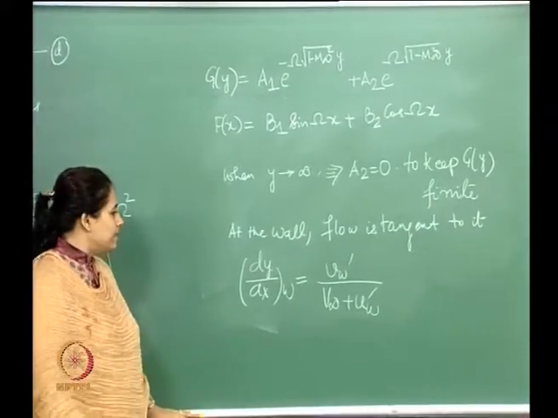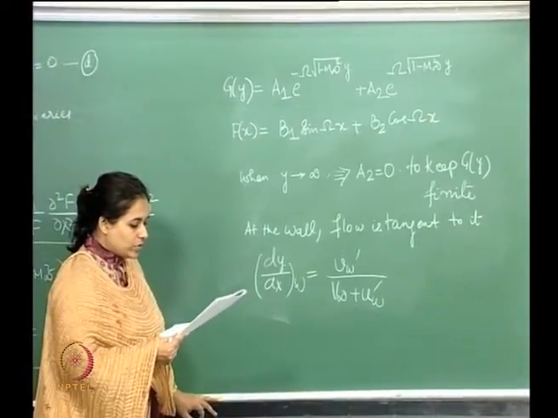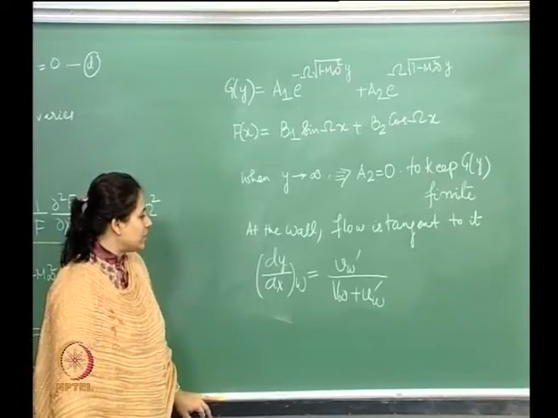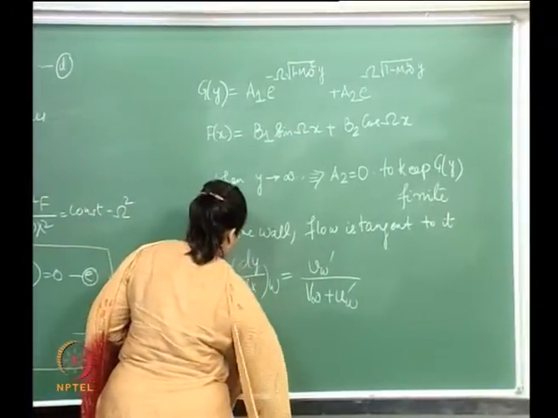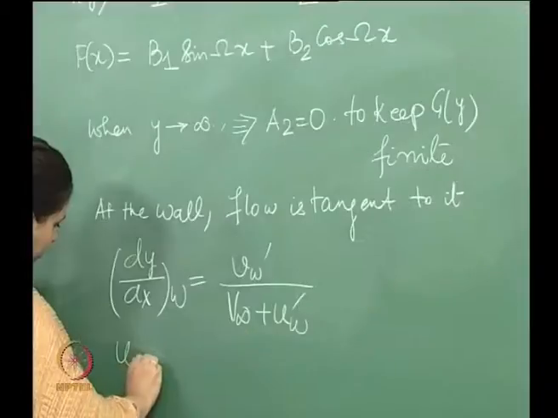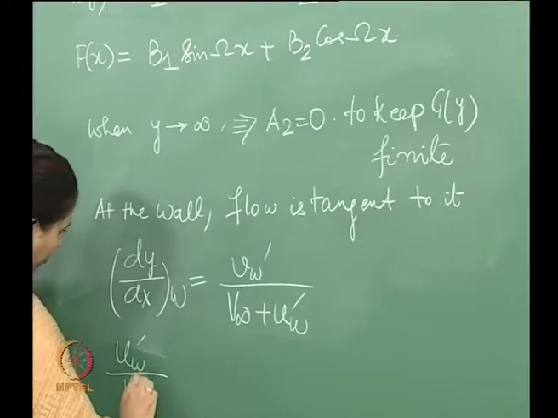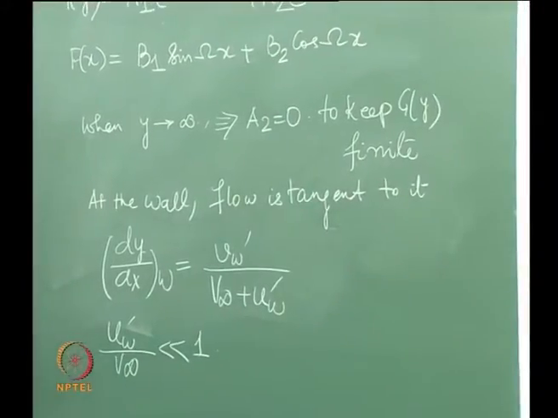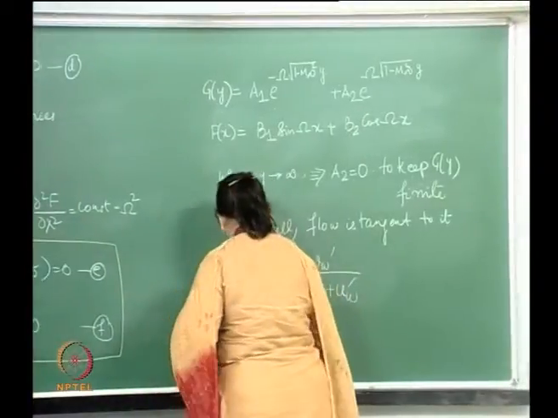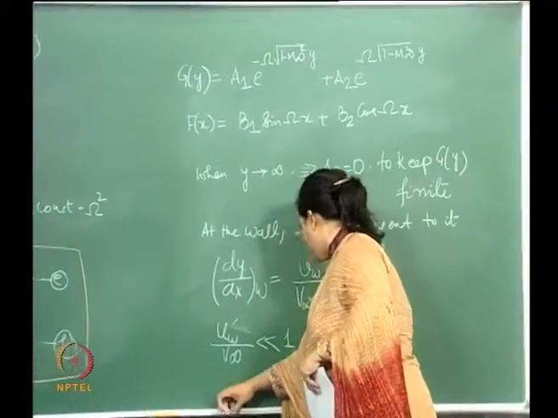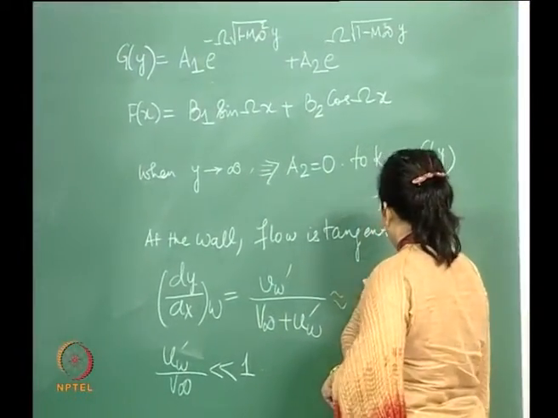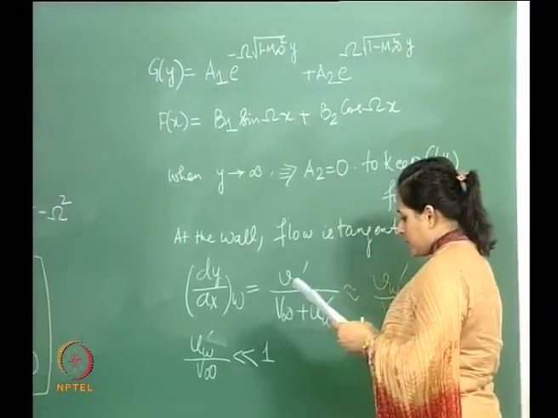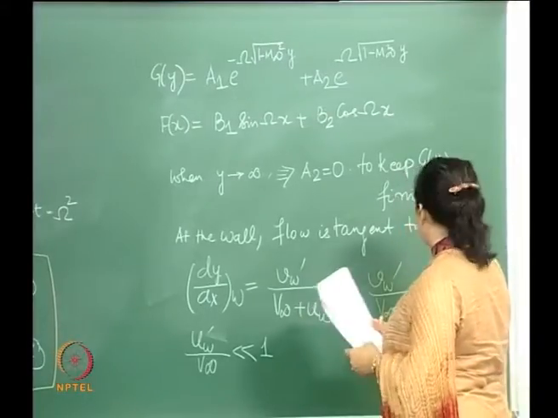here. Okay. So, if I do that, now what we will do here is essentially consider small perturbations. If we consider small perturbations, what we know here is that u wall, u prime, which would mean that I can actually write it like this.